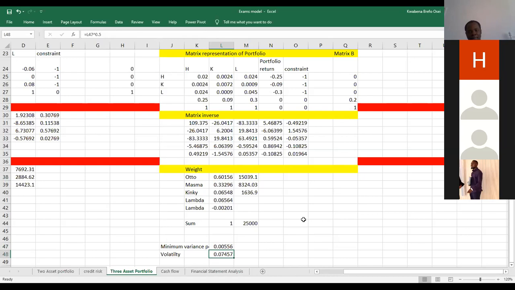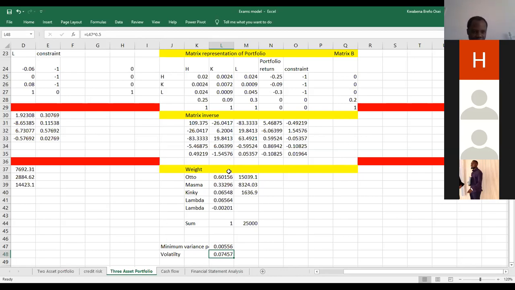You check the matrix inverse with the function MINVERSE, then you calculate the weight. When you multiply the inverse by the matrix B, that gives you the weight. What is in column M37?